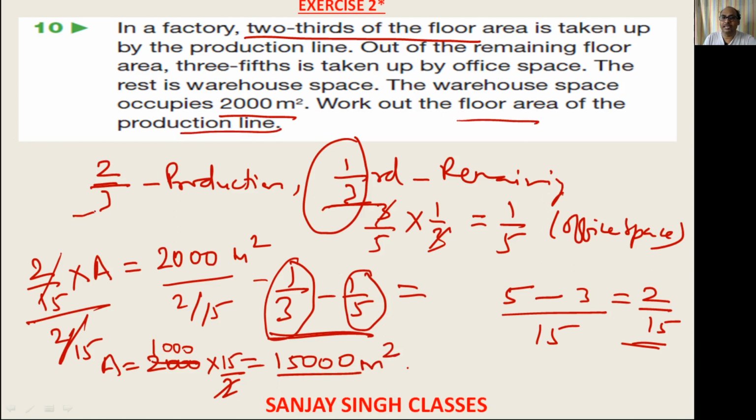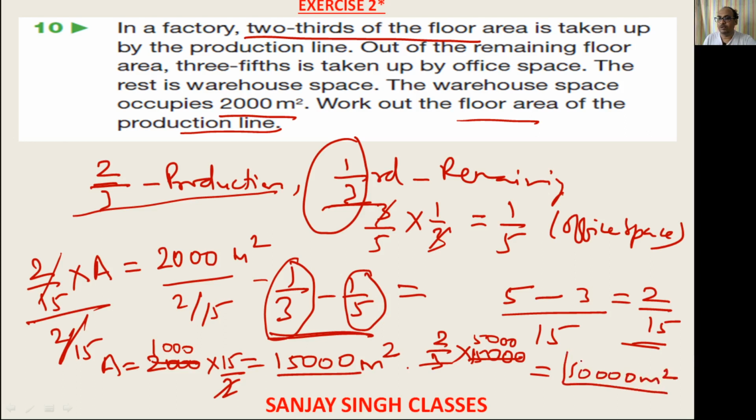The production line is 2 by 3rd of the area. So 2 by 3rd of this 15,000, cancelling with 5,000, gives 10,000 meter square used for the production line. So our answer will be 10,000 meter square.